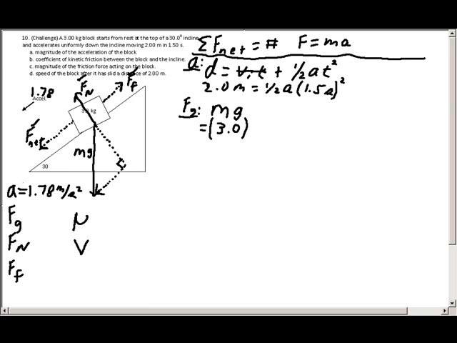Let's include our units there. Don't get too casual here. Times 9.8 meters per second squared.